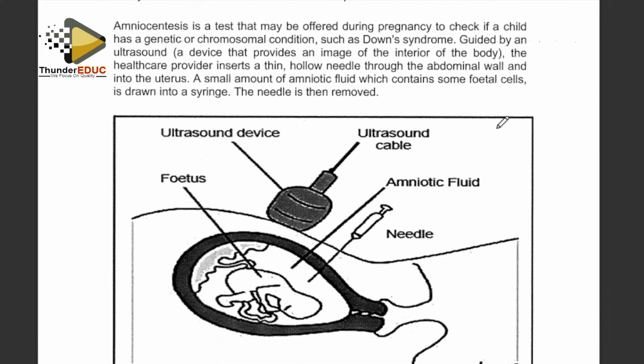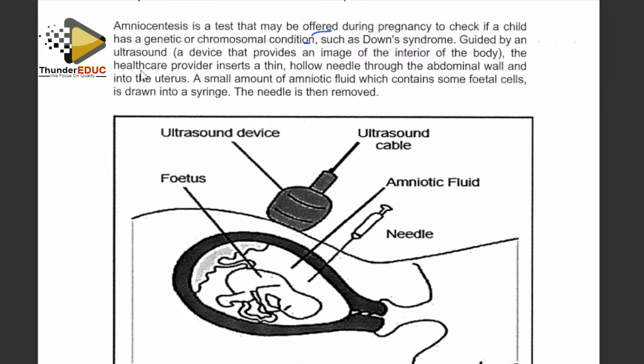Question number 3.3. Amniocentesis. What are they talking about? It is a test that may be offered during pregnancy to check if a child has a genetic disorder or chromosomal condition such as Down syndrome, guided by an ultrasound device.